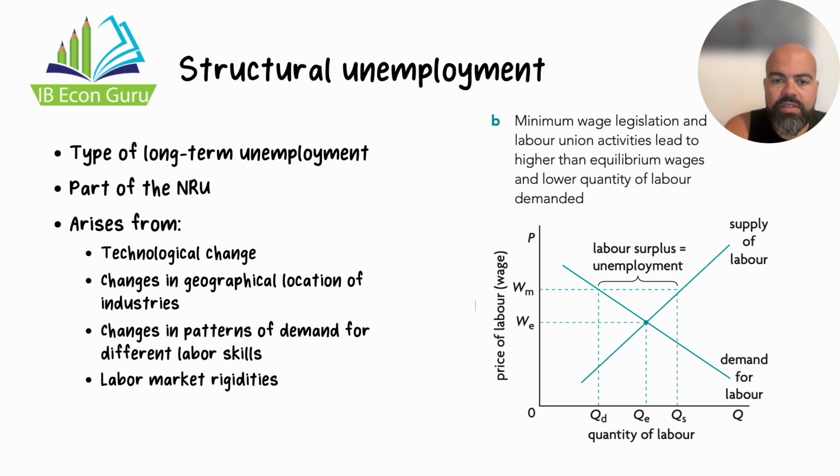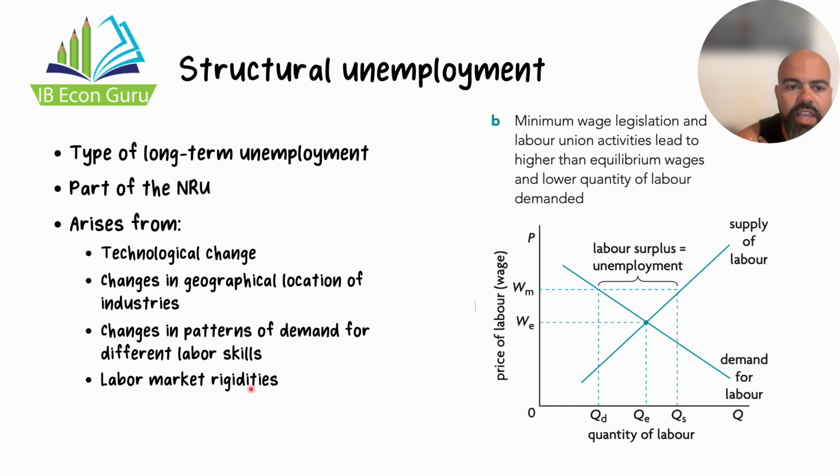So now you have a difference. Basically, you have a surplus, labor surplus. You have more workers willing and able to offer their labor than there are businesses willing to employ them. This surplus, labor surplus, is also structural unemployment.